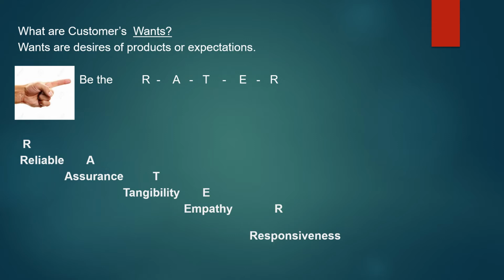Empathy means receiving something before you even ask for it, which means we have to think on behalf of the guest. Then responsiveness. It is quick or prompt service. So now we know what a RATER is.